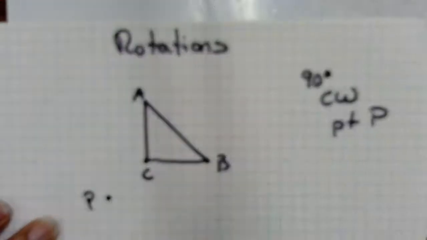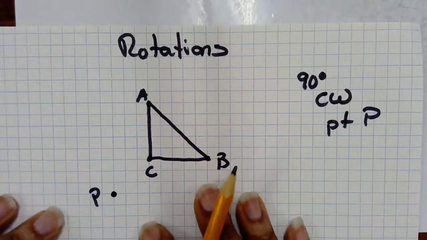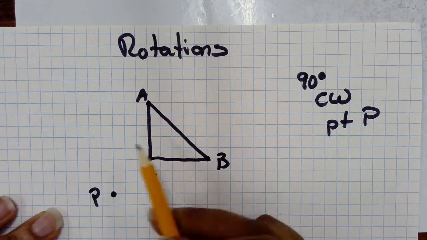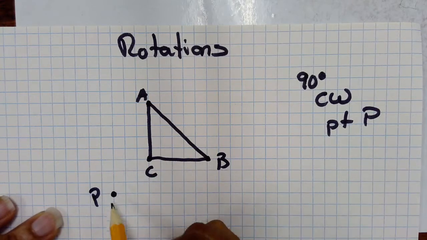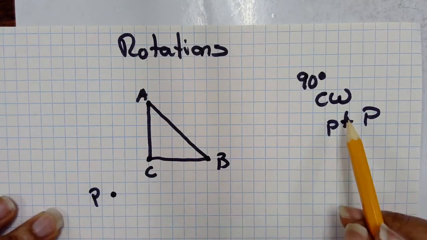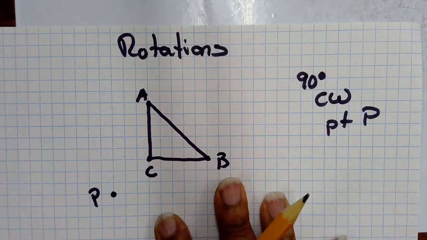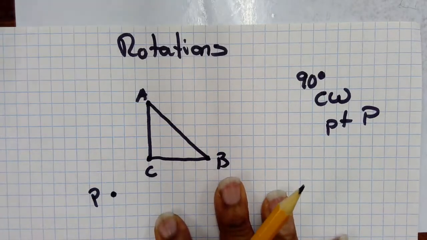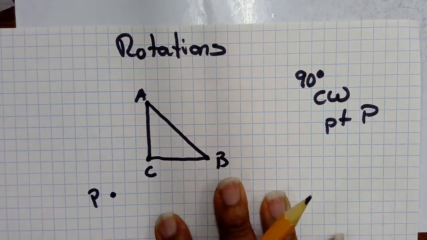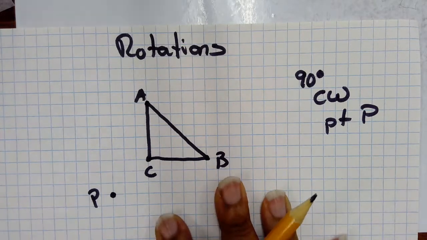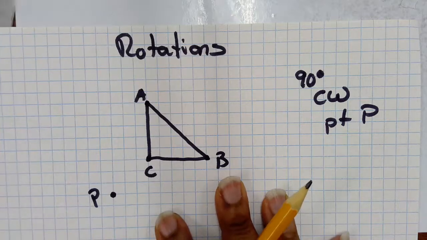All right, so here we have an example of rotating a figure on regular graph paper. We have a triangle ABC, and we have a point here, and our direction is given to us here. We are to rotate triangle ABC clockwise, 90 degrees, using point P as my center.